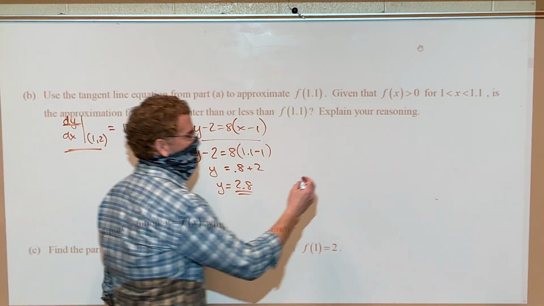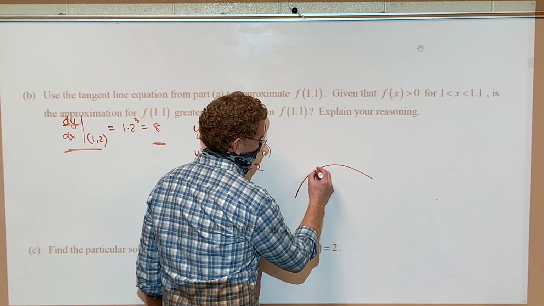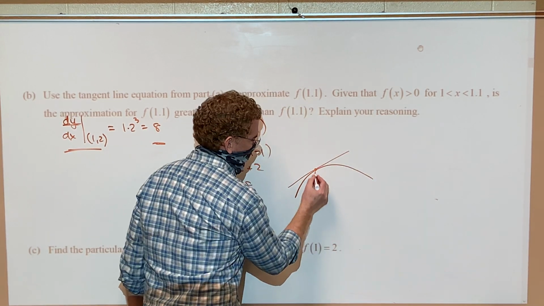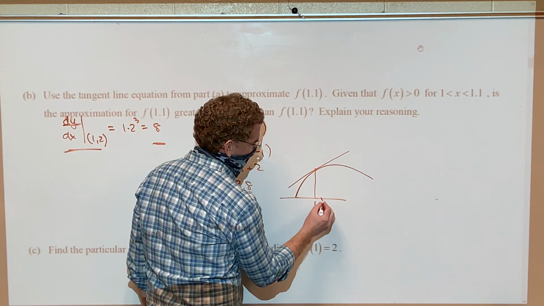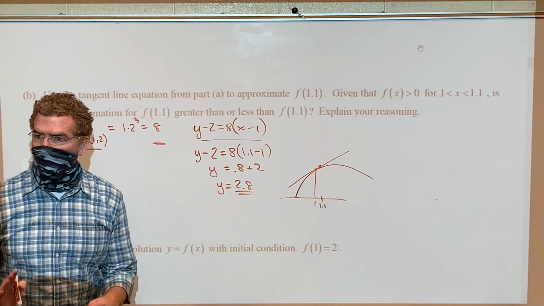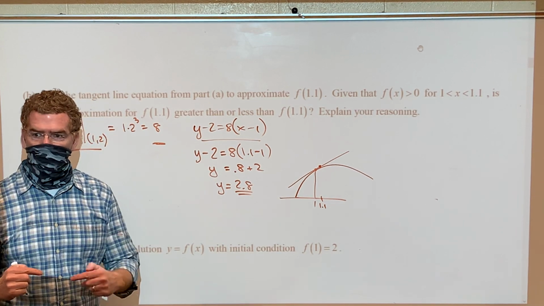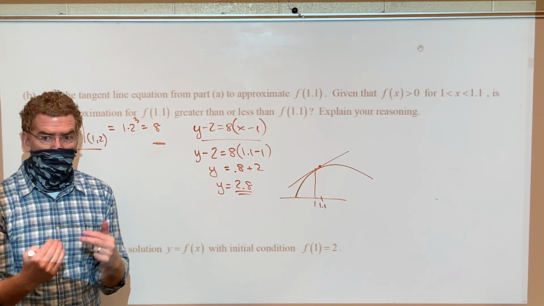So think about a tangent line approximation. If my curve happened to be concave down, and I had a tangent line at 1 right there, and I plug in 1.1, the value that I get, if the curve is concave down, is going to be an over approximation of the real one, right? It's going to be bigger than that.